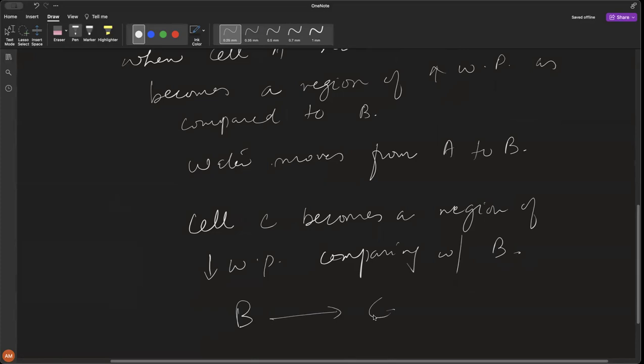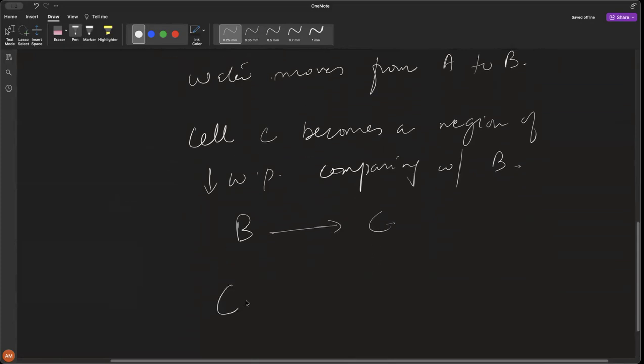And from C to D, and from D to xylem. There could be more cells. You're just trying to understand.